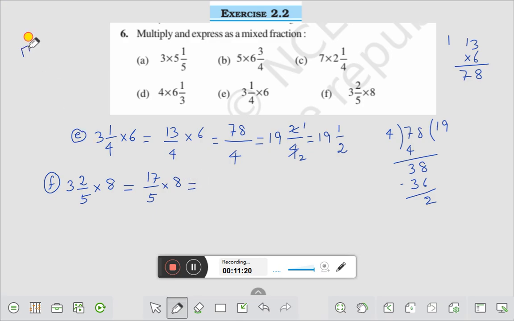And that will be equal to multiply 17 with the number 8, that is 7 8 is 56, 5 carry, 8 plus 5 is 13, that is 136.